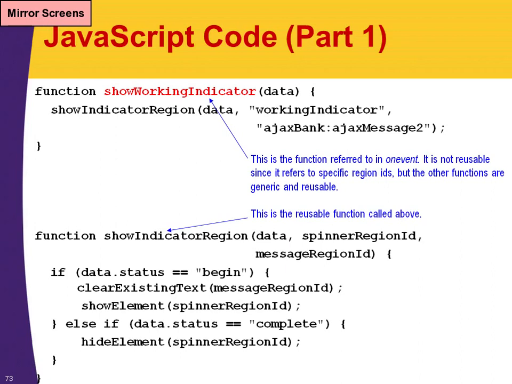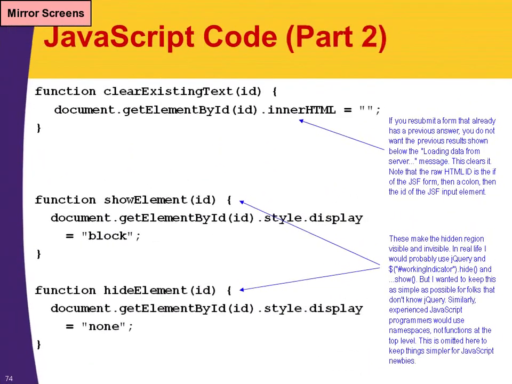The top one is hooked into a particular ID. Essentially, if you look down here for the status, it's looking for status begin. Then it's going to call this and show the element, which makes sense. In other words, start it up, show it. If it's complete, then it's going to hide it, and it'll essentially go away. So these are the other calls here.